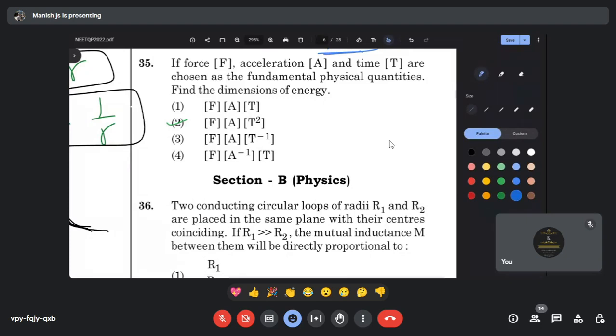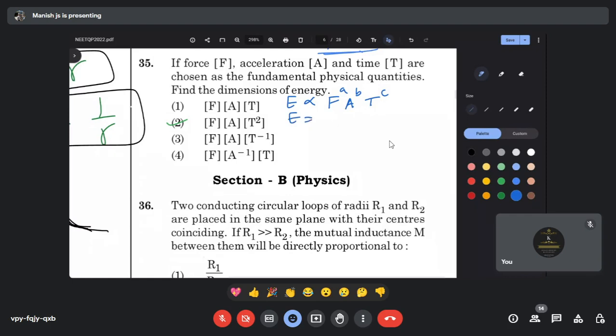Okay, so for energy they are telling you to express in terms of force, acceleration and time. Therefore energy is proportional to force to the power of a, acceleration to the power of b, and time T to the power of c. When I remove the proportionality sign, I introduce a proportionality constant.